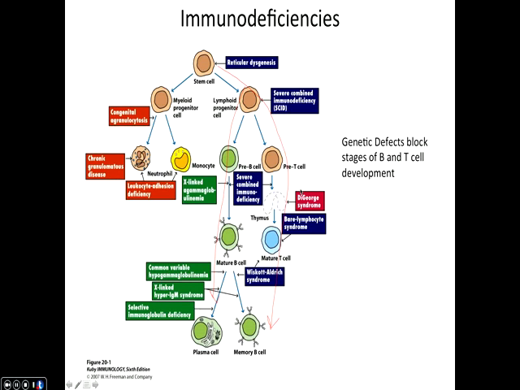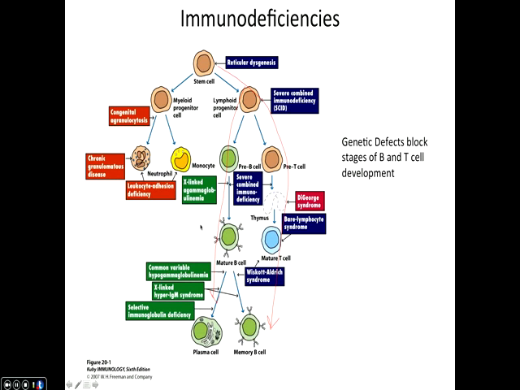These genetic immunodisorders or immunodeficiencies can be traced to genes or mutations that affect development of, say, a pre-B cell into a mature B cell, or a mature B cell into a memory B cell, or a plasma cell. All these different things can be linked to different diseases.